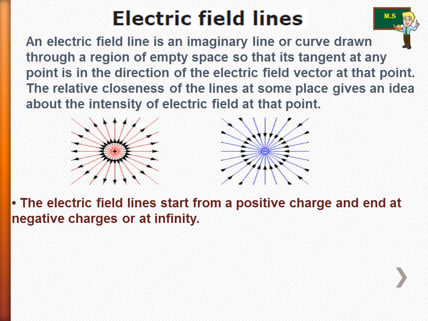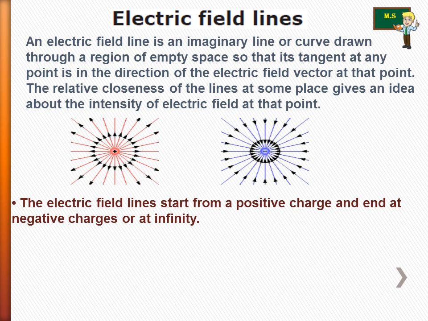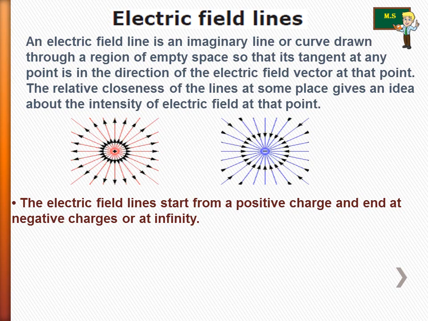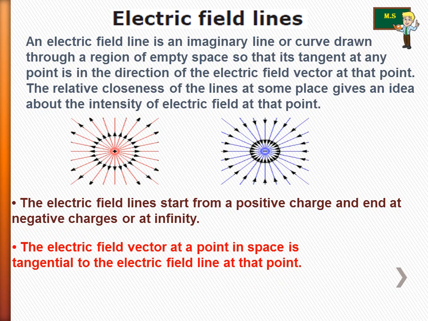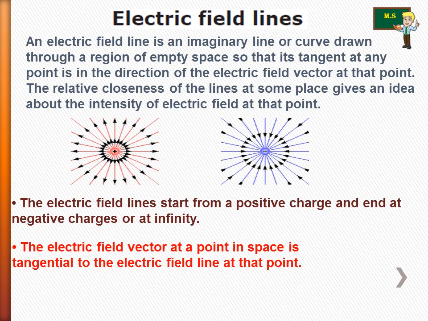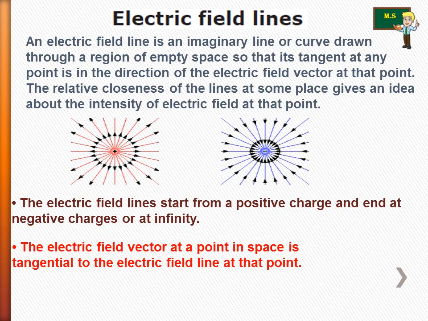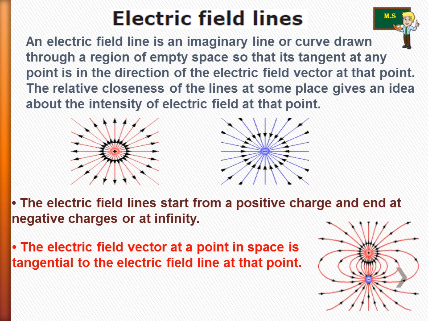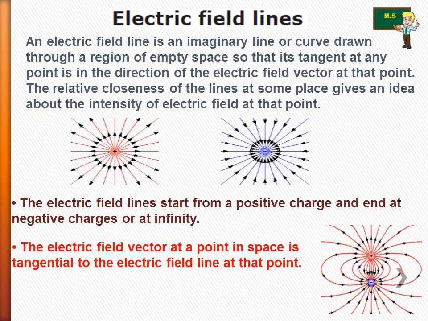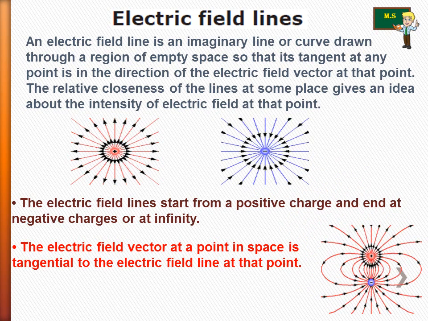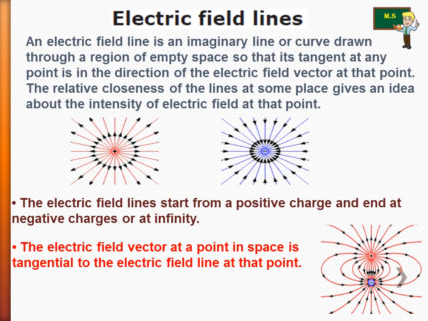The electric field lines start from a positive charge and end at a negative charge or at infinity. The electric field vector at a point in space is tangential to the electric field lines at that point. This you can see in these electric field lines.